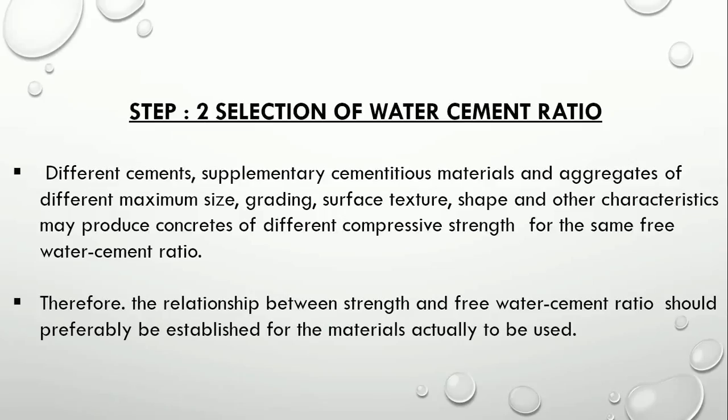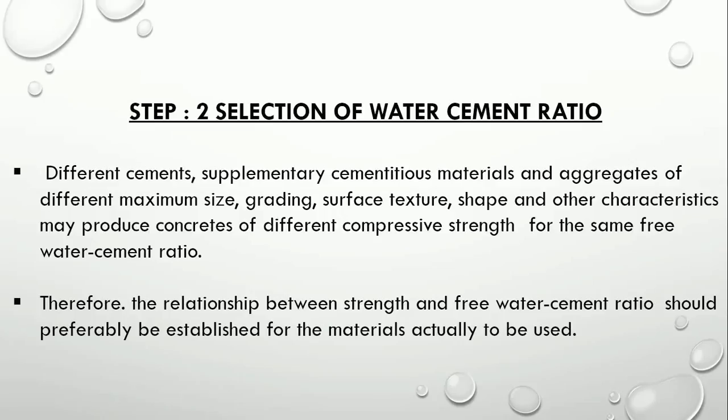Generally we put a lower water cement ratio, but there is a disadvantage of making a lower water cement ratio, that is a decrease in the workability of the concrete.